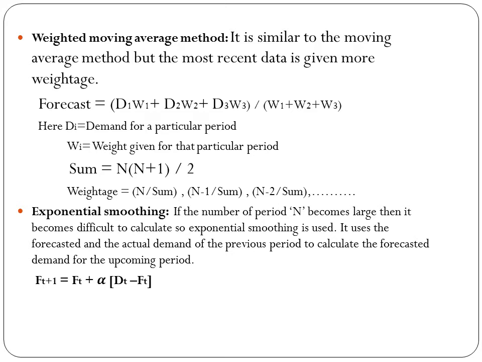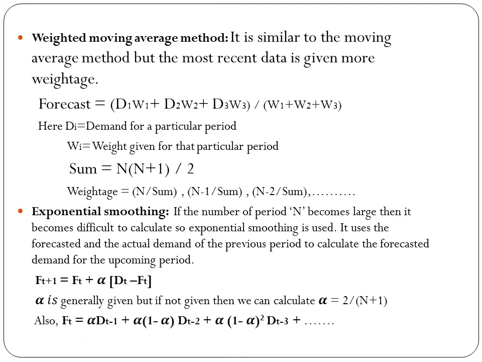F of t plus 1, meaning F of May, is equal to F of April plus alpha into dt minus ft. Here alpha is the exponential smoothing factor. The value would be given, and if not, we'll calculate it by this formula, the same as what I told you in the weighted moving average method.